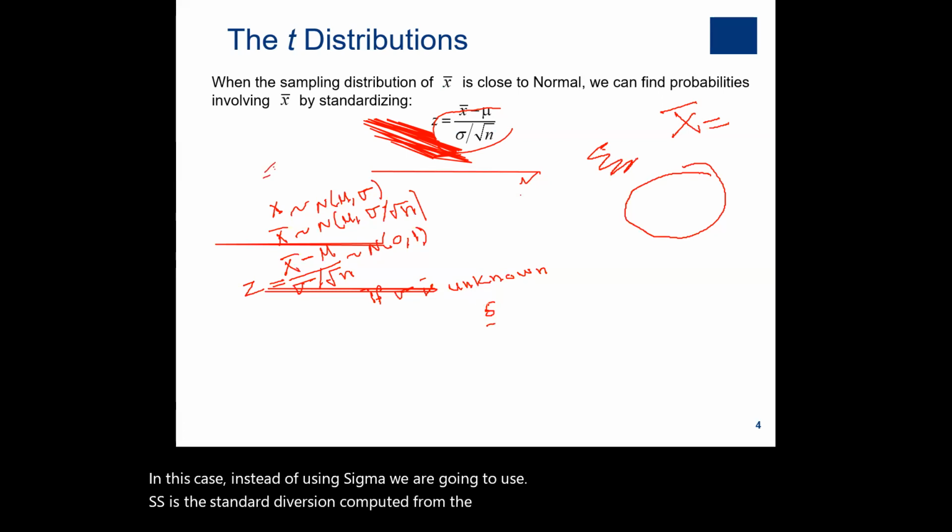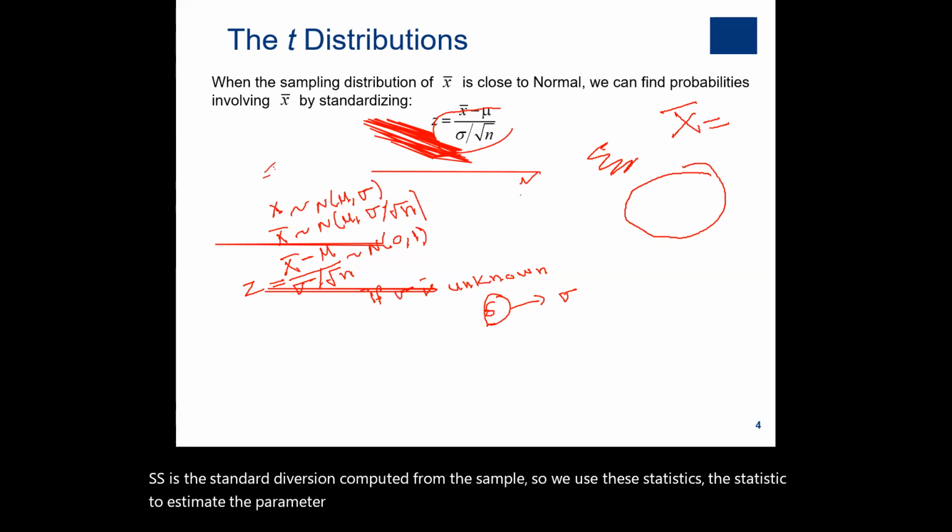So we use this statistic to estimate the parameter sigma. Why? Because sigma is unknown.